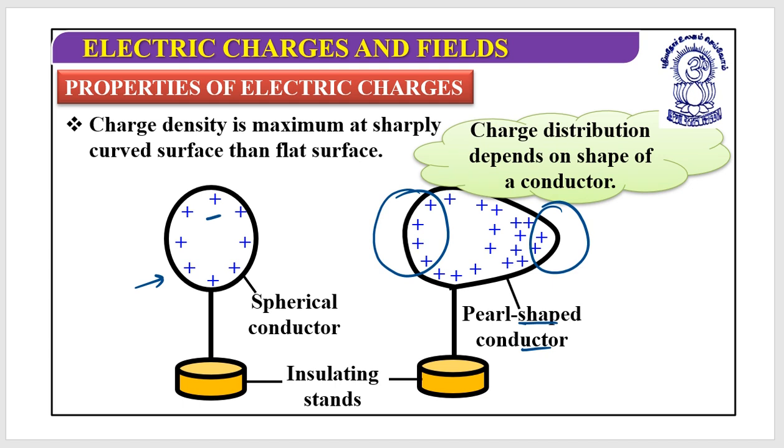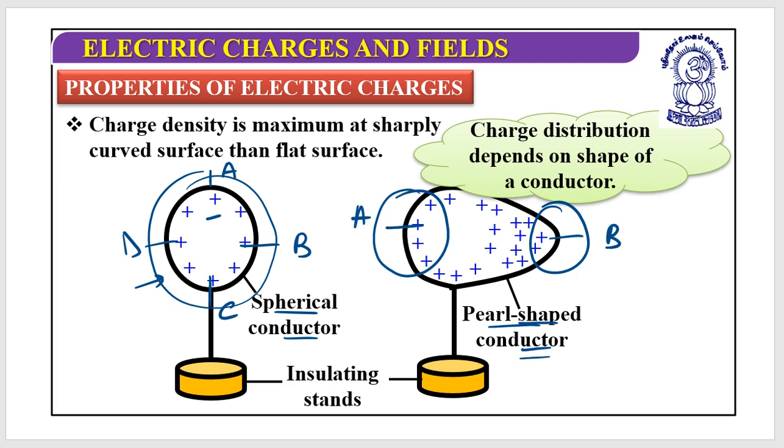So you might observe that in a spherical conductor, charge on the surface is equally distributed. It means if you consider these points A, B, C, D, all locations have an equal amount of charge, or you can say approximately equal. But look at the second diagram, the pear-shaped conductor. Look at this position A, this is position B. At position A, you might observe there are fewer charges and position B has more charges.